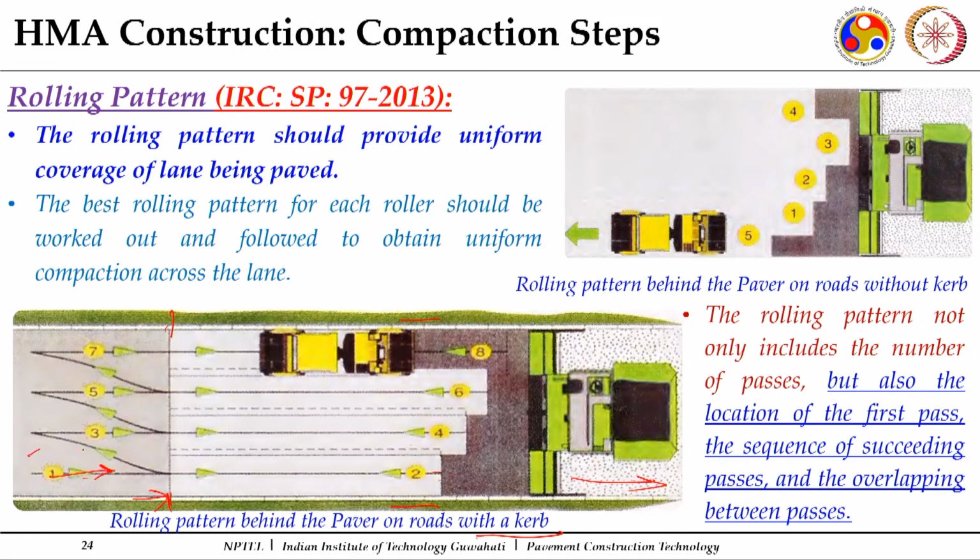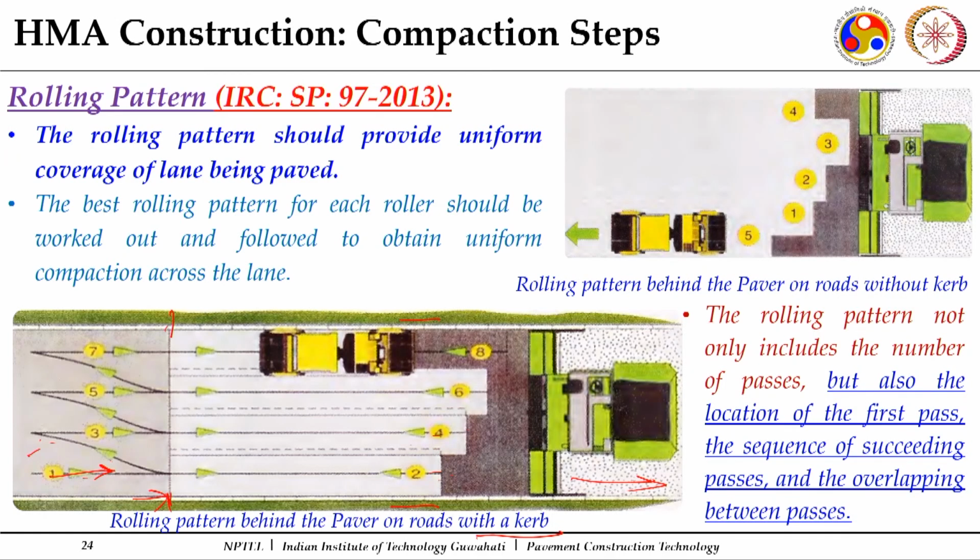You can see this shifting from one lane to the other is done on a compacted mat, not on the fresh mat. This is to be ensured. When it goes back here, again it goes on the third one and comes back. So, this is the rolling pattern when confined edges are there.